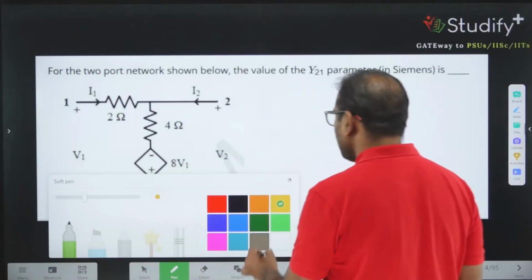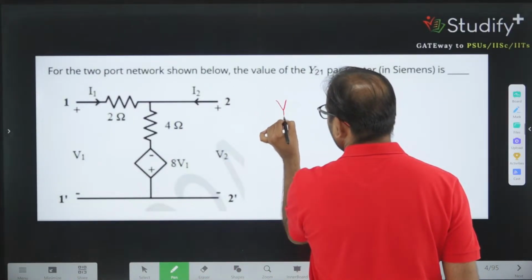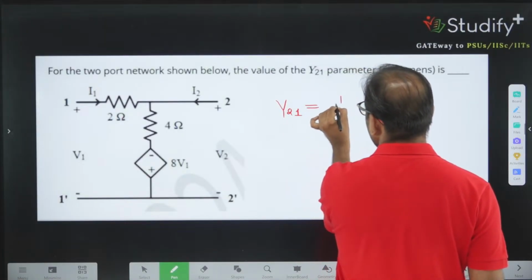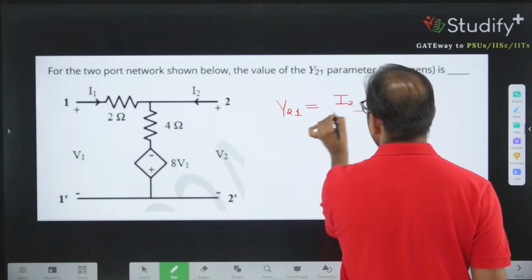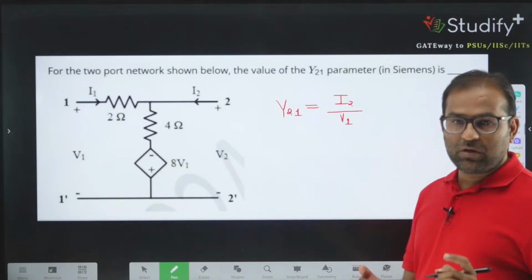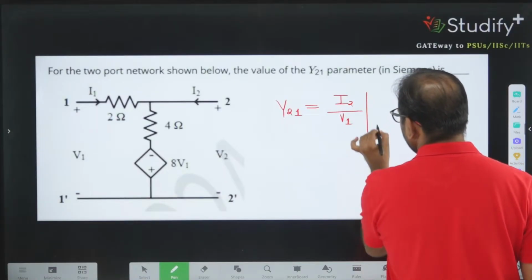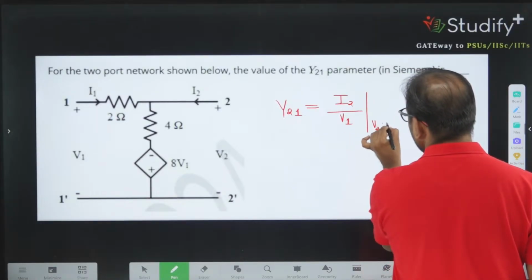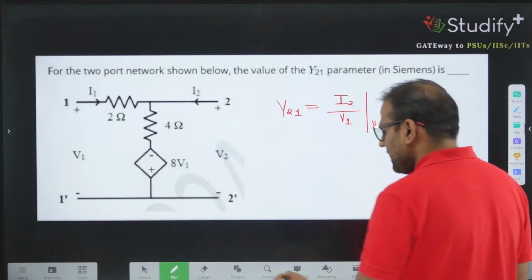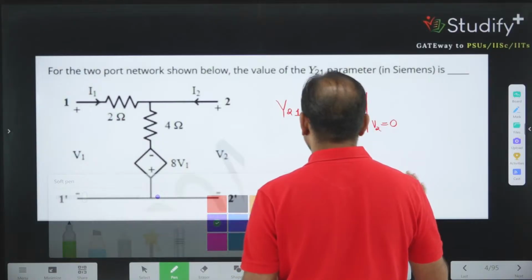What is the Y21 parameter? Y21 is given by the I2 divided by V1 ratio, by making V2 equal to 0.